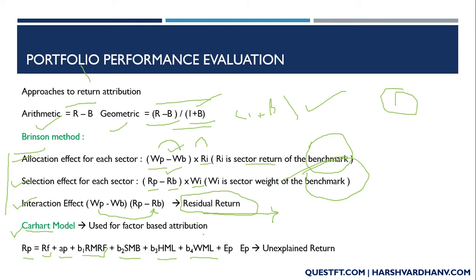Winners minus losers, this is the momentum. And this is the unexplained return, the error term or the residual term. So this is the market risk premium, this is the size premium, this is the book value premium, and this will be the momentum premium. Got it?